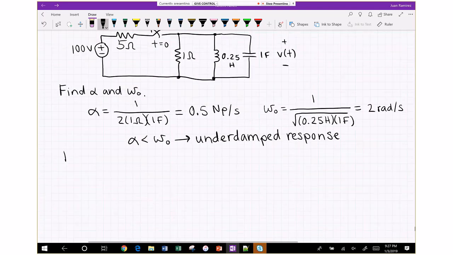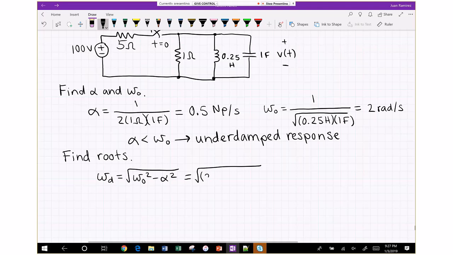All right. So for the underdamped case, we usually find roots. Really what's important is for us to find the damped frequency, which is the natural frequency squared minus the damping factor squared, all under the square root. And that's equal to 1.94.